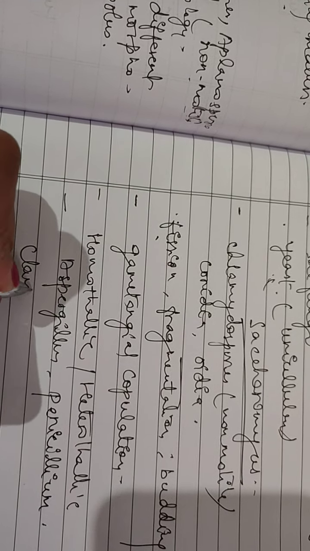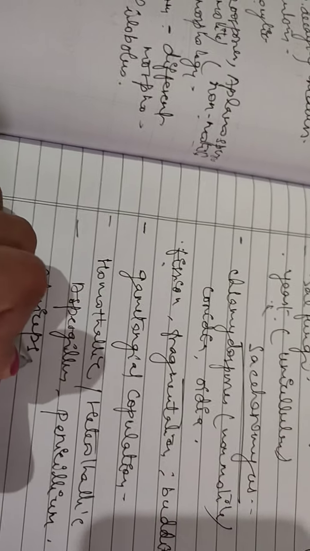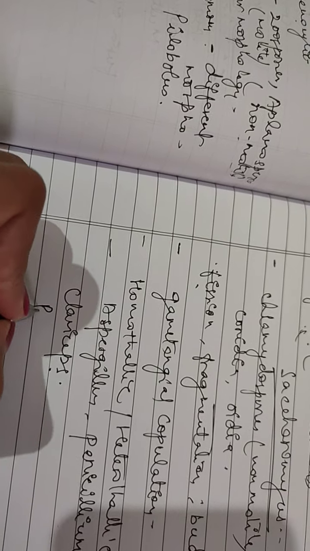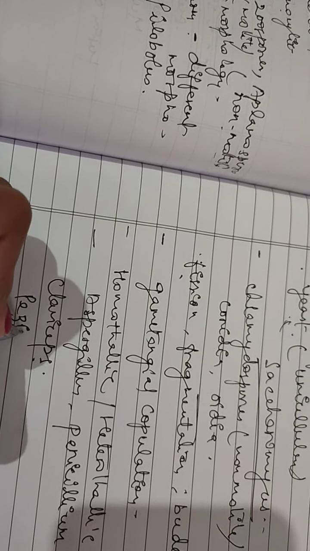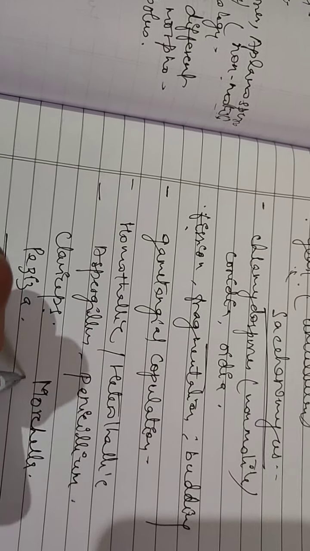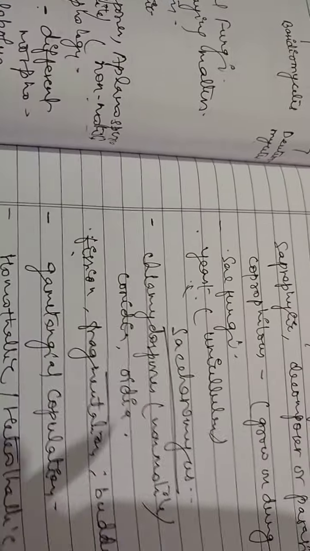Claviceps is also known as ergot fungi, and Peziza is a coprophilous fungus, which grows on dung. And then some are also used for eating purposes, and this is Morchella, which is also commonly known as gucchi. And the next one is Basidiomycetes.